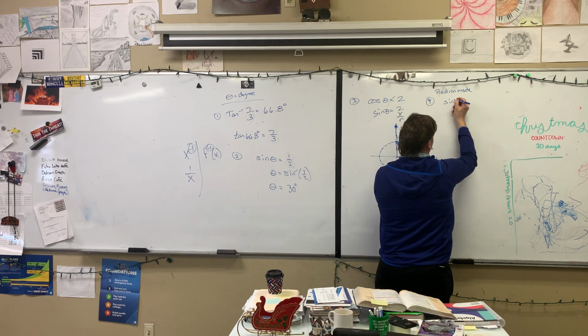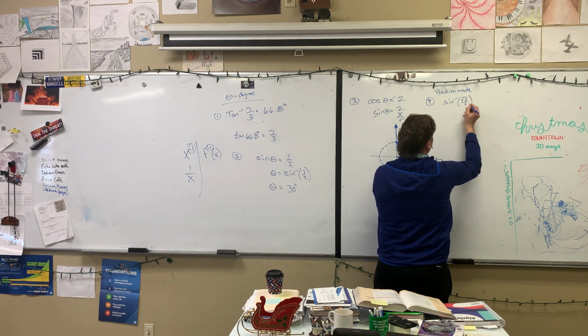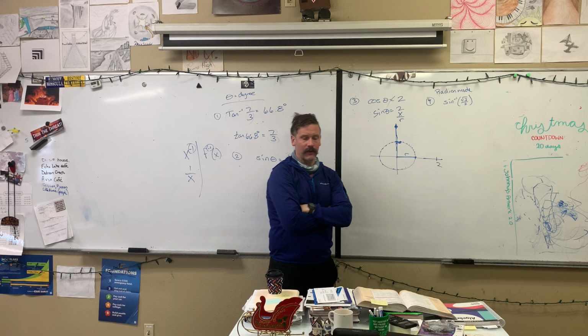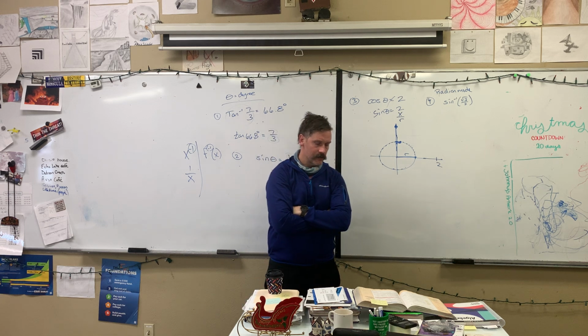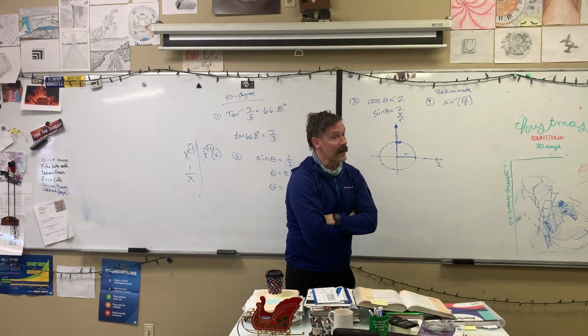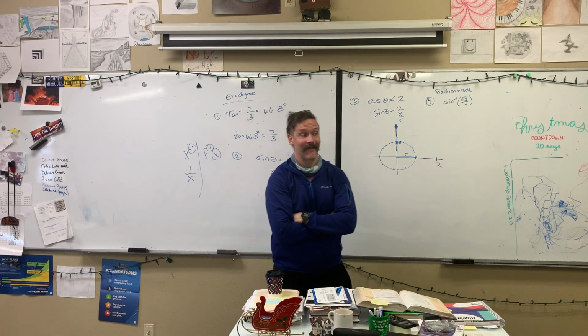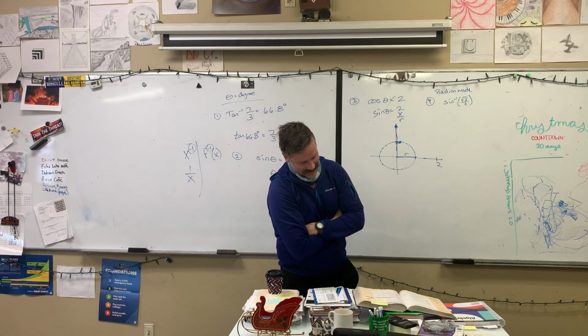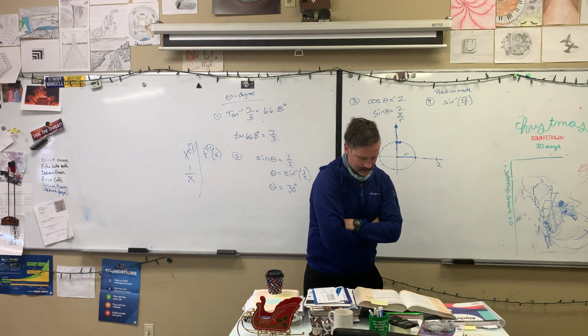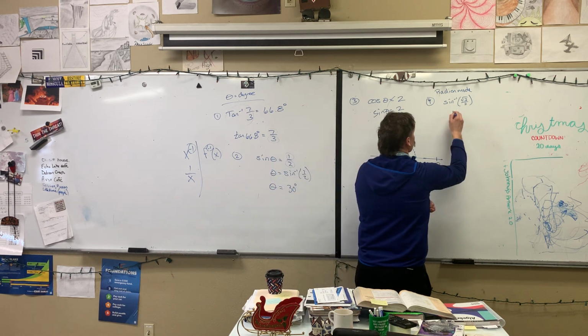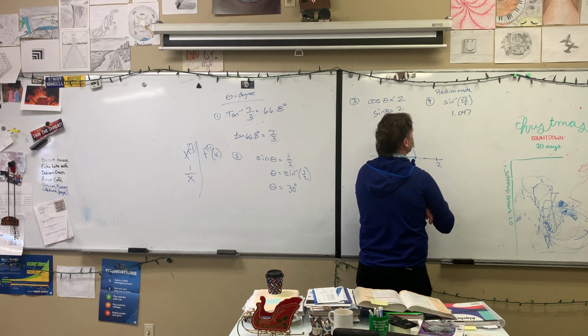They might just have you do this: sine inverse of root 3 over 2. Go ahead and do inverse sine of root 3 over 2, and it's in radian mode. You get 1.047, okay?